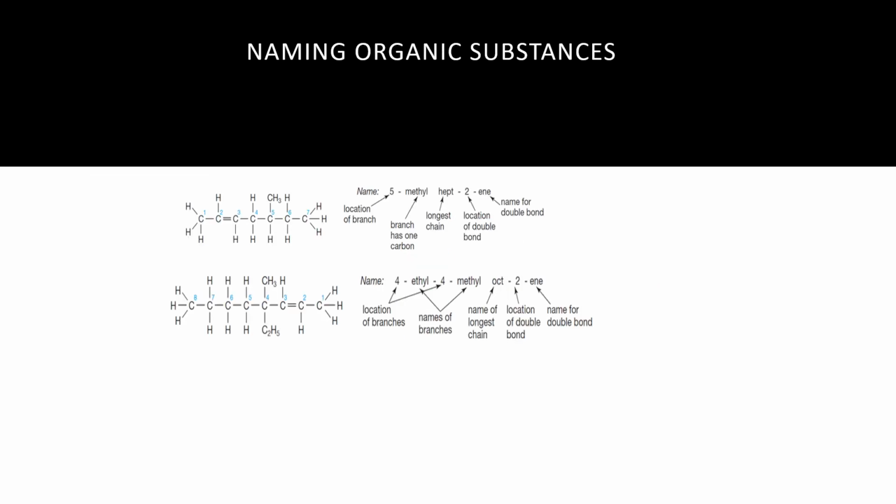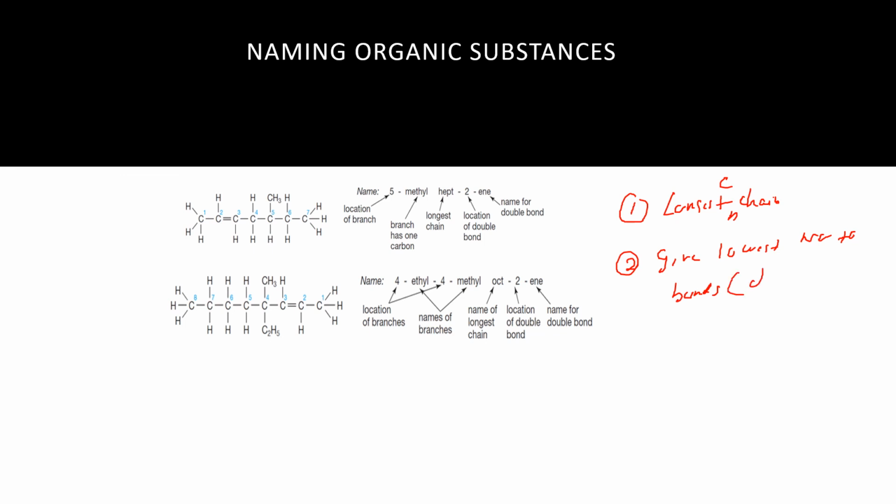Now, naming organic substances. I will tell you only a few rules that will help you do that. First one: find the longest carbon chain. Then give the lowest number to the bonds.